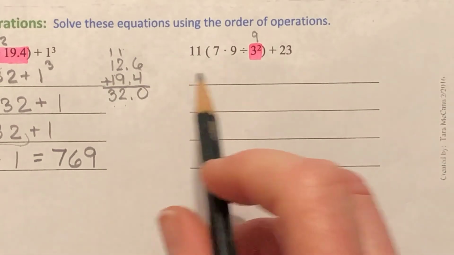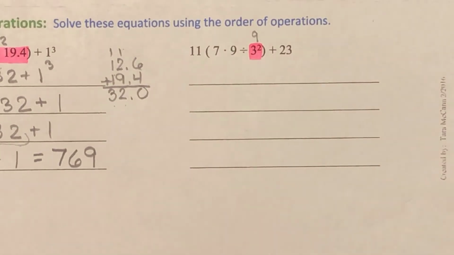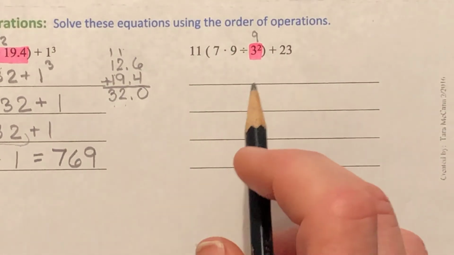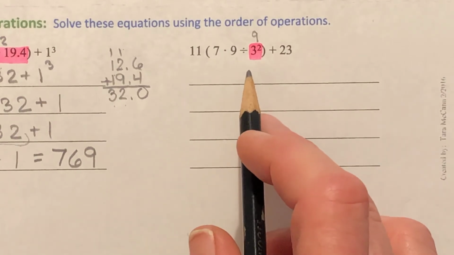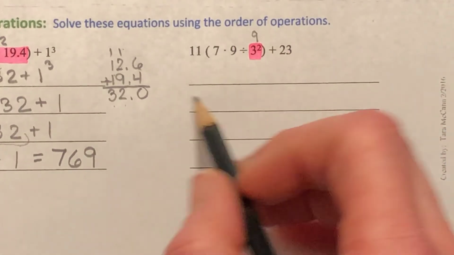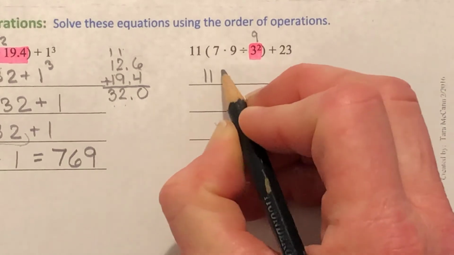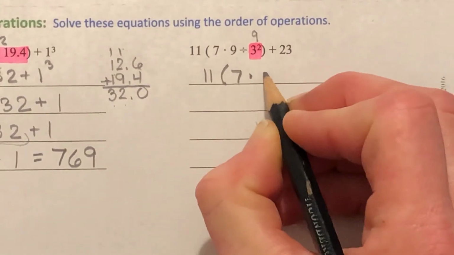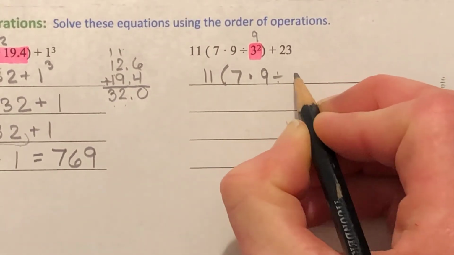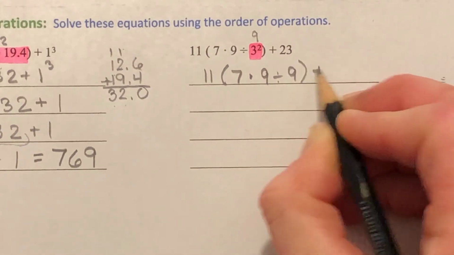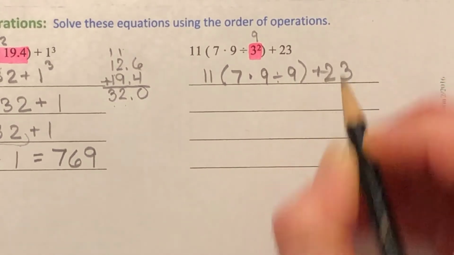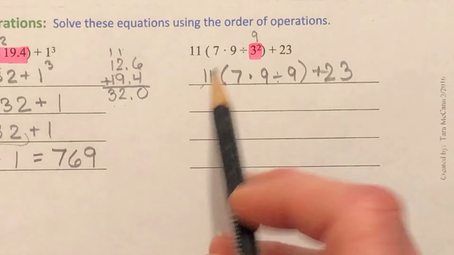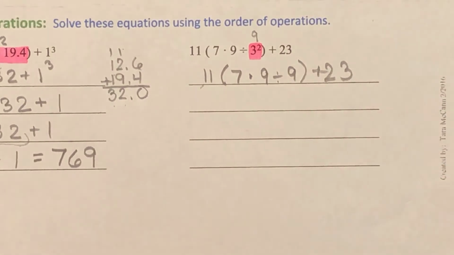So it's 11 times, and then you've got parentheses. The first thing that you need to do in the parentheses is the exponent. When you write it next, you'll have, let me just do this one step, 7 times 9 divided by 9 plus 23. Before you can multiply, you need to clear out all the operations.